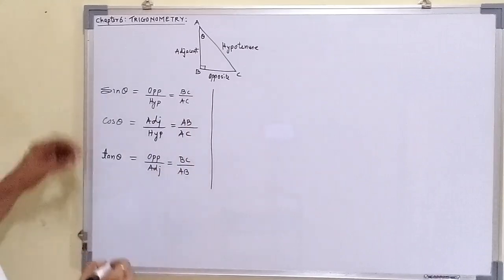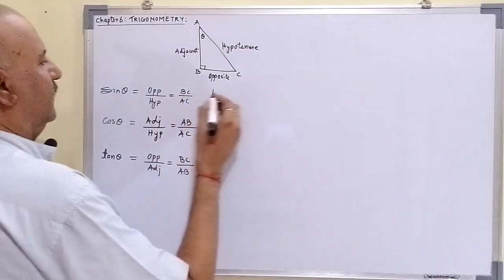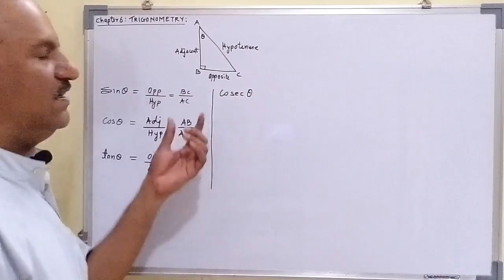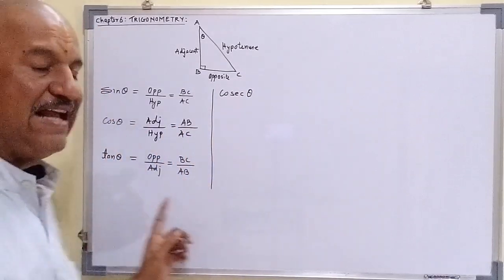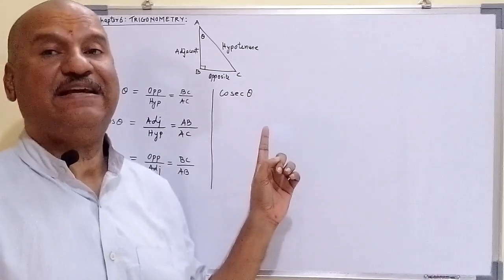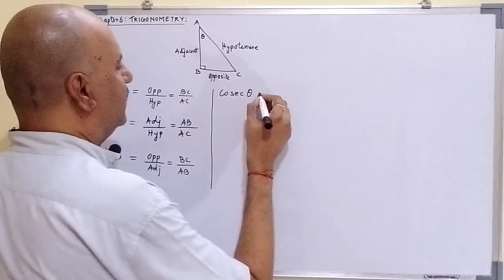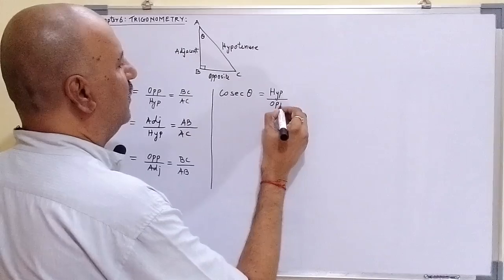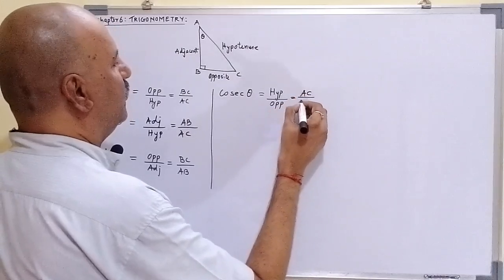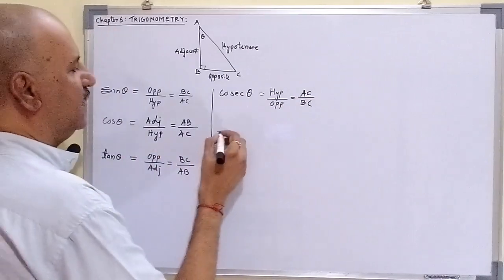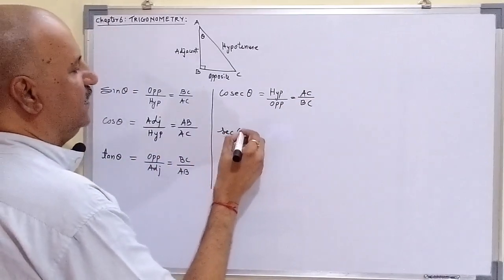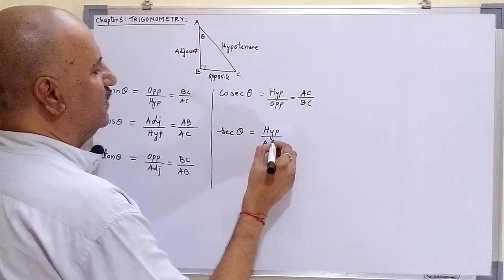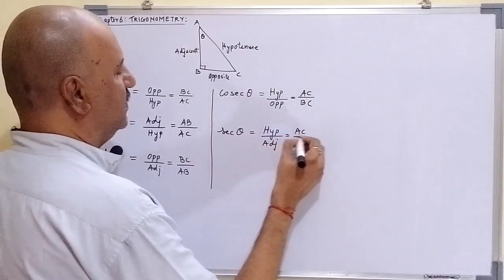The other three ratios are reciprocals of sine, cos and tan. Cosec is the reciprocal of sine: hypotenuse upon opposite, that is AC upon BC. The reciprocal of cos is secant, sec theta: hypotenuse upon adjacent, that is AC upon AB.